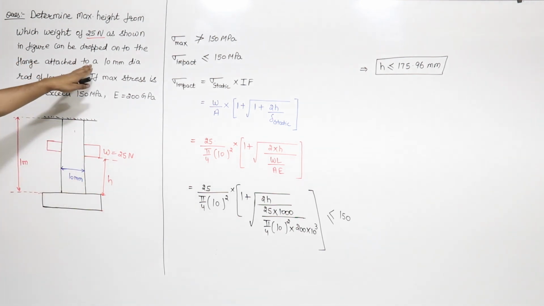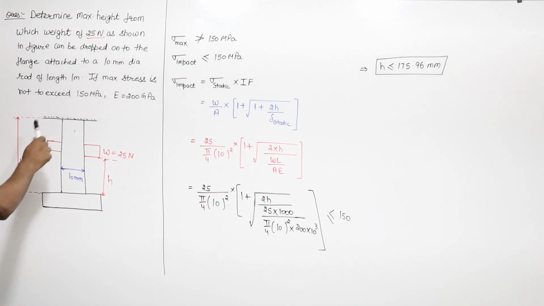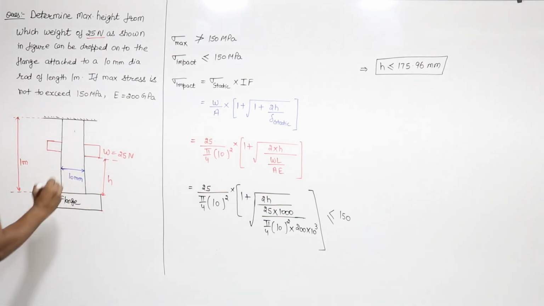We have to determine the maximum height from which a weight of 25 Newton, as shown in this figure, can be dropped onto a flange attached to a 10 mm diameter rod. This rod has a diameter of 10 mm and this is your flange. The rod length is 1 meter.